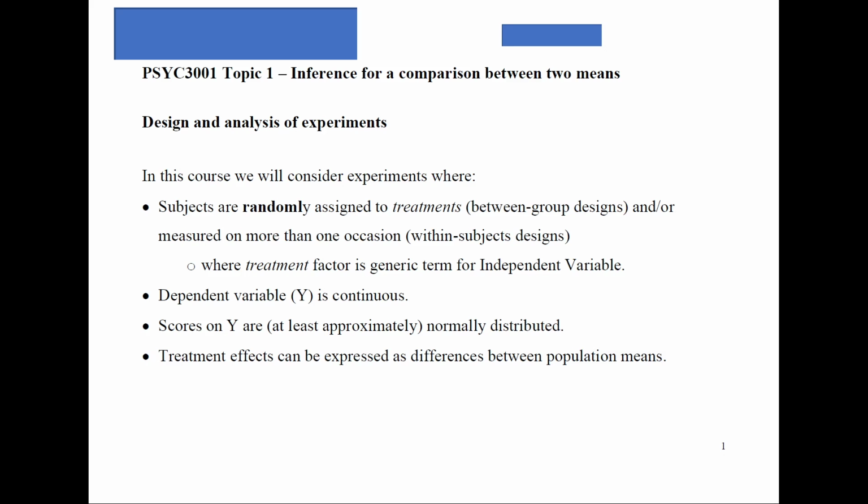Because if it was possible to do that, then we wouldn't necessarily need statistics in the first place. But we can't get that information from every single person in the population.